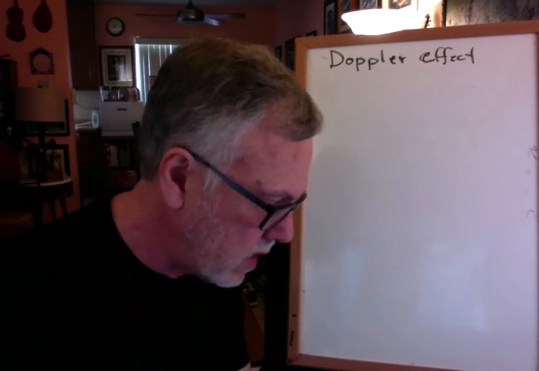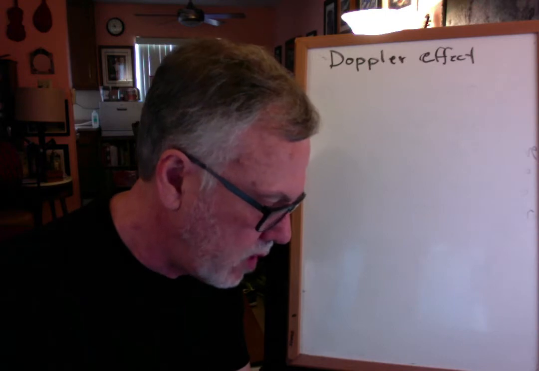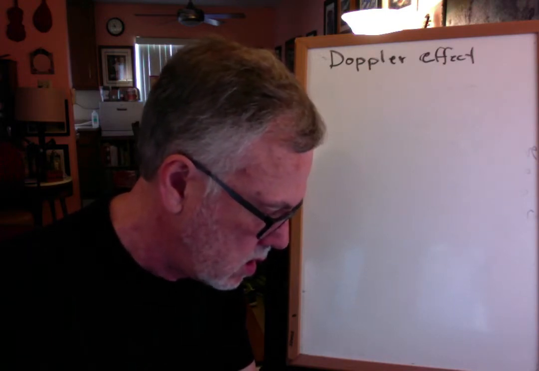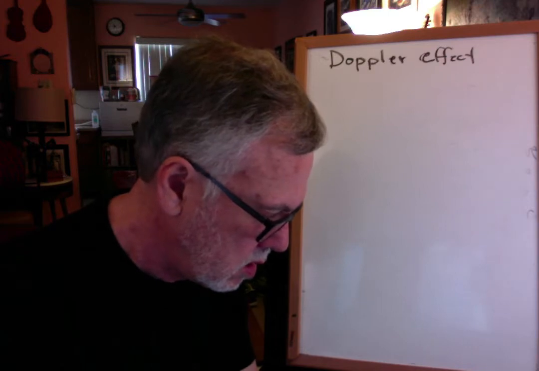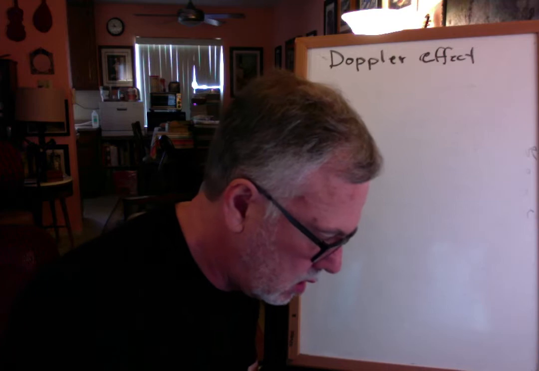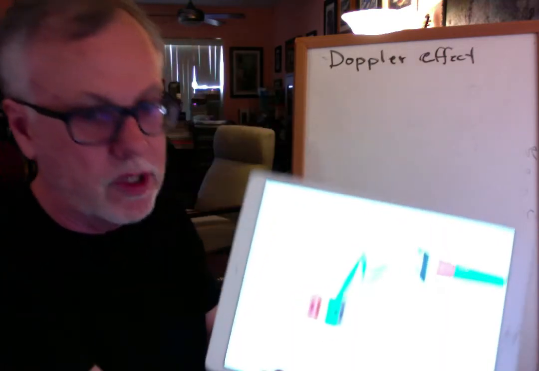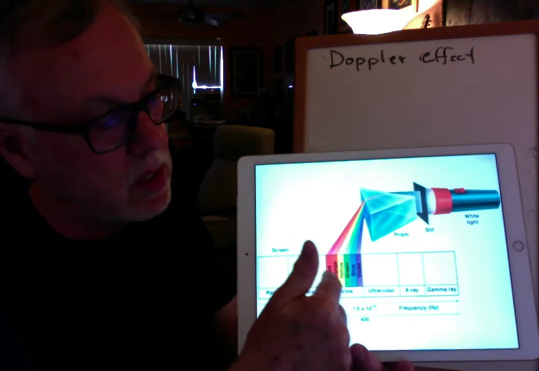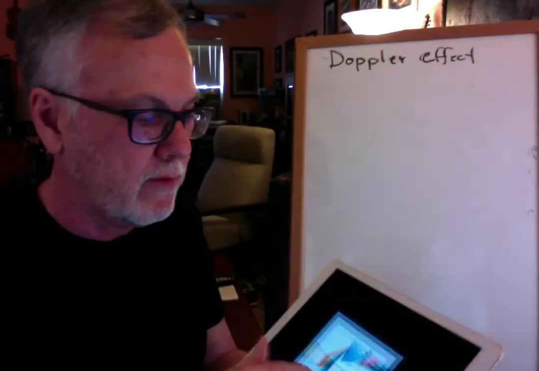And if I did that, what I would find is all the colors of the spectrum of a star, all spread out into its respective colors.